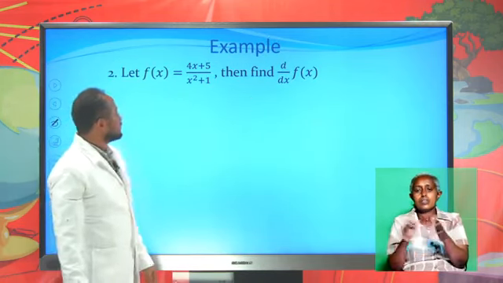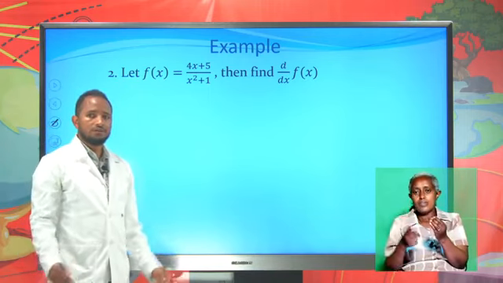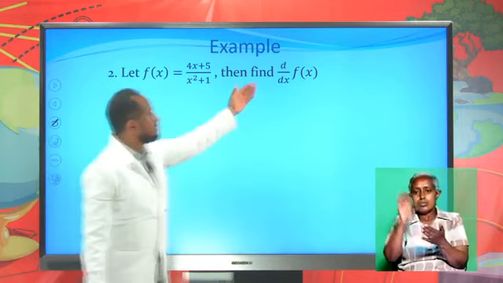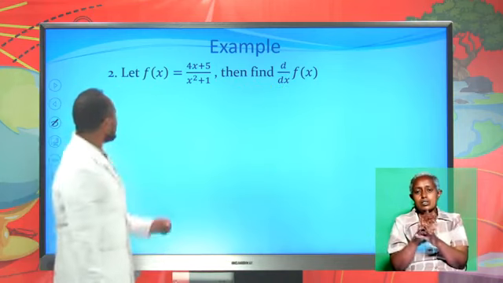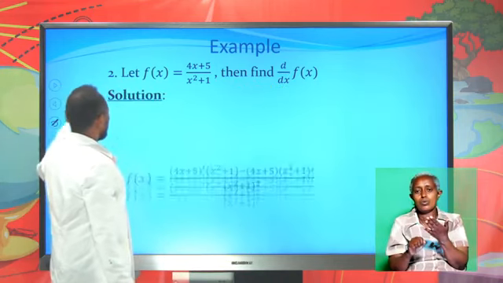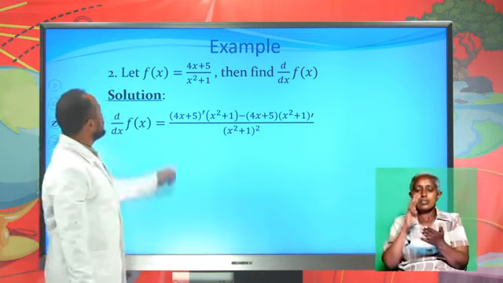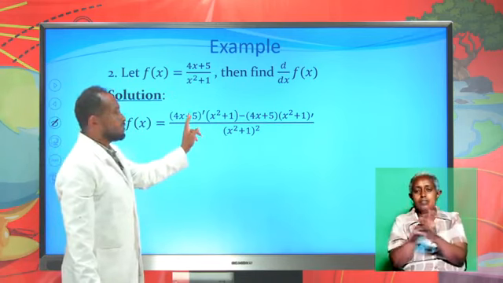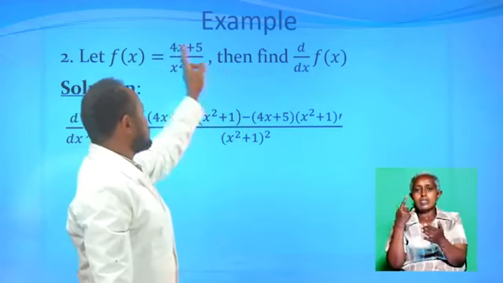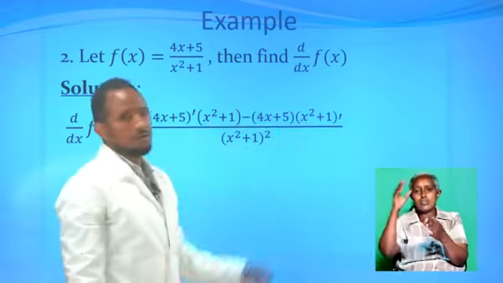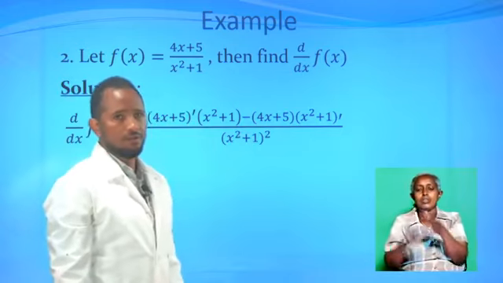Let f of x be equal to 4x plus 5 over x squared plus 1. Then we are asked to find d by dx of f of x. This means find the derivative of this function. Applying the quotient rule, the derivative will be the derivative of the numerator times the denominator minus the numerator times the derivative of the denominator, divided by the denominator squared.